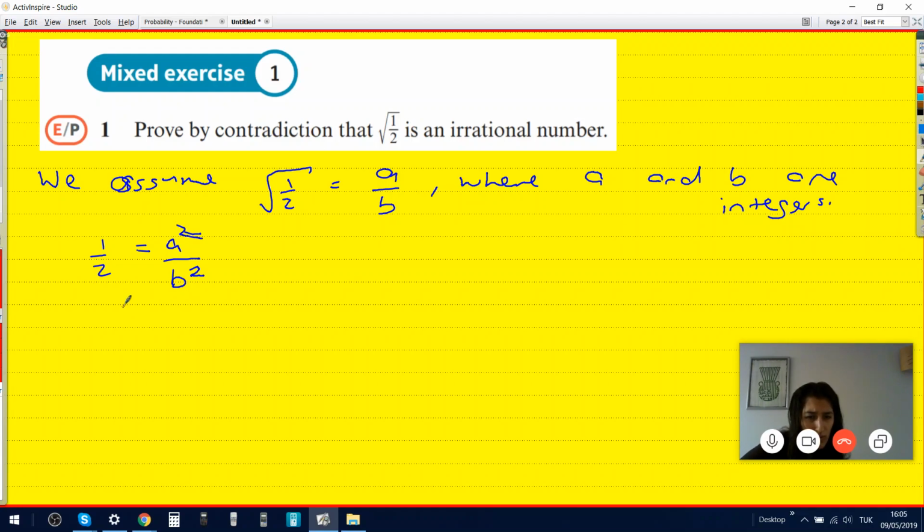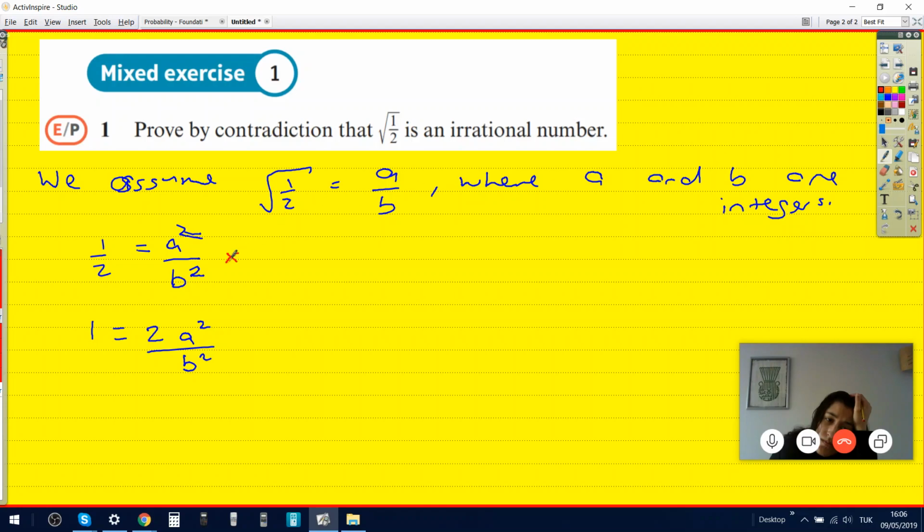Actually, times both sides by 2 would work, but then wouldn't that be 1 equals? Yeah, so 1 equals 2a squared over b squared, because 2 is the same as 2 over 1. Oh yeah.